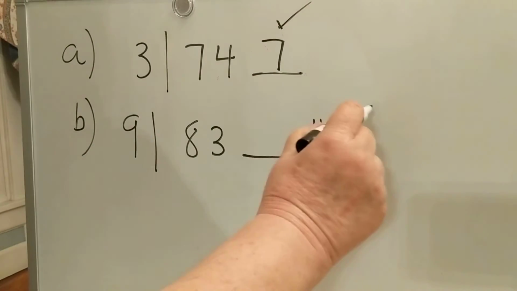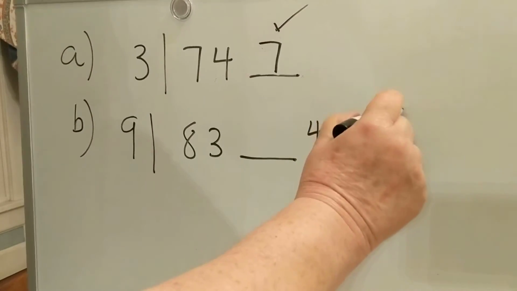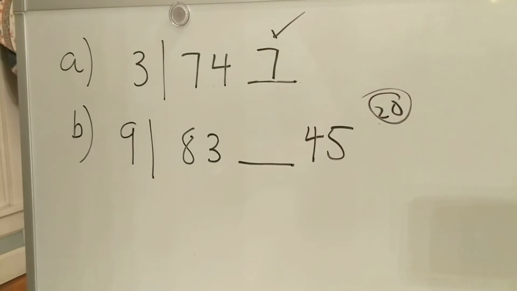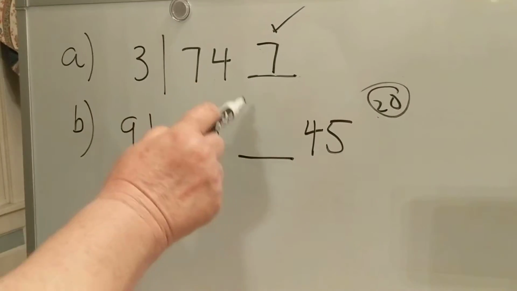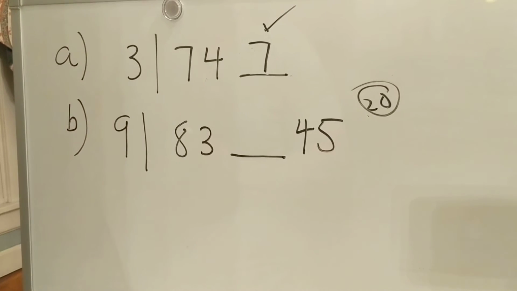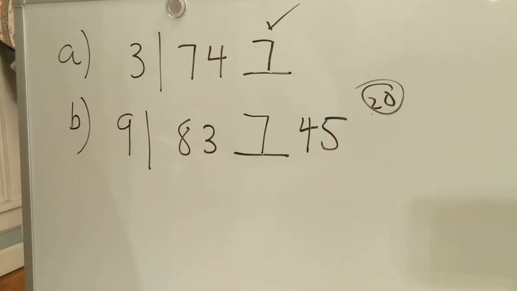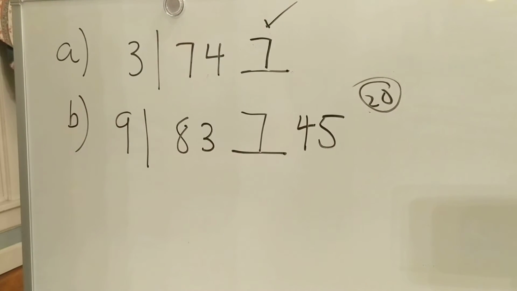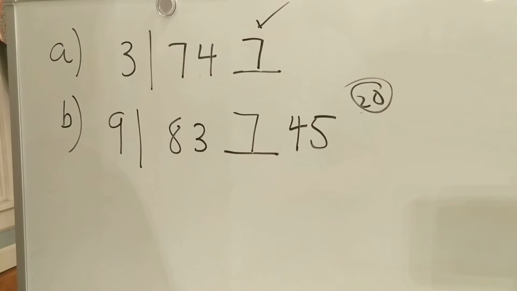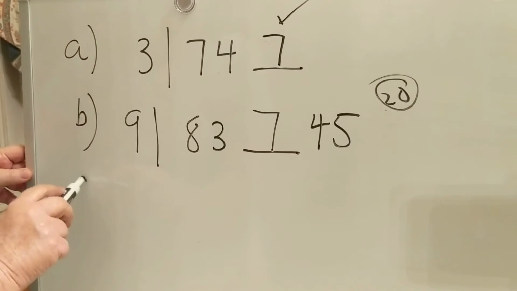So we've got 20. Let's keep that in mind. What number can we put in this blank to make it add up to something that 9 divides? How about 27? Yes, that's the only number in the 20s that 9 divides.